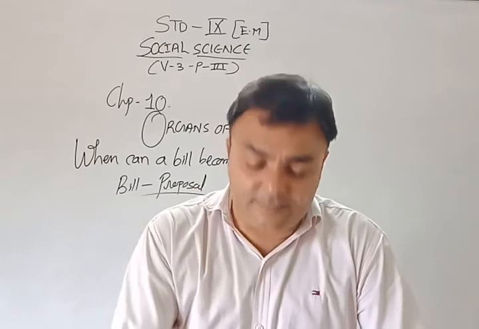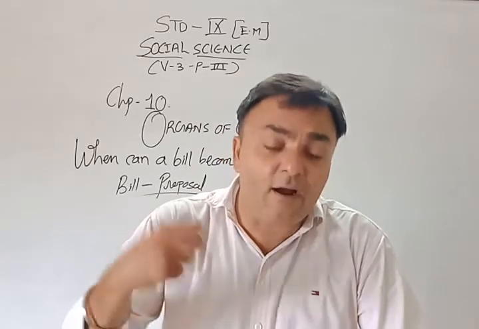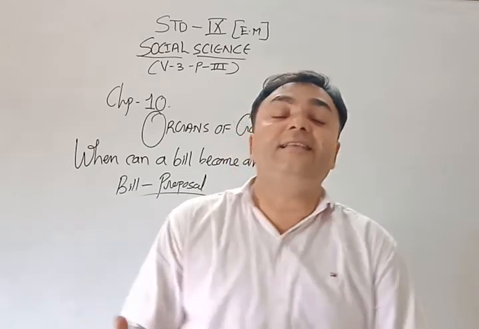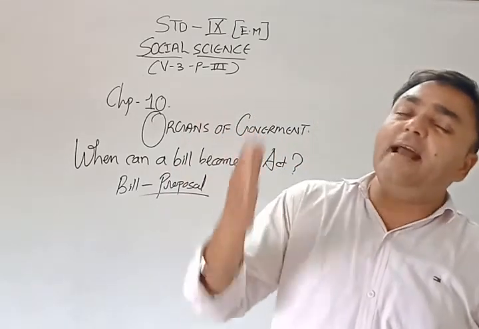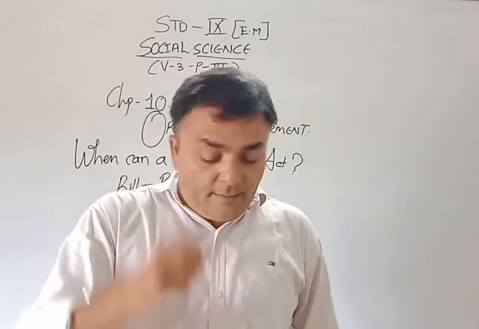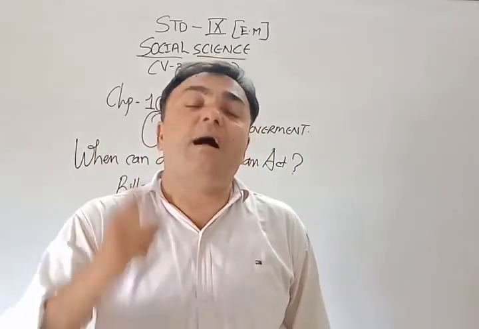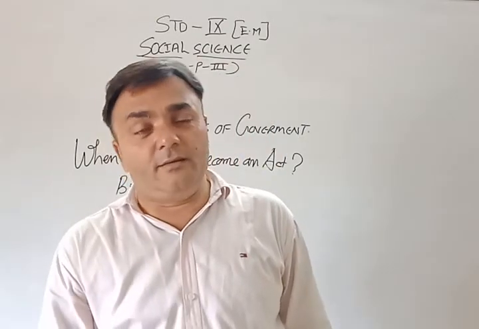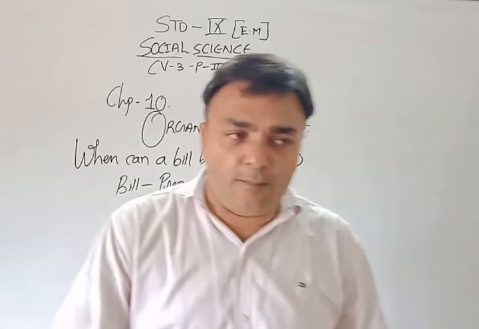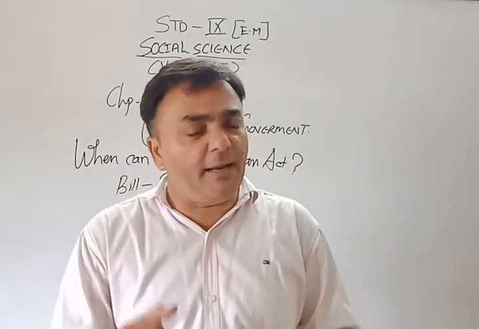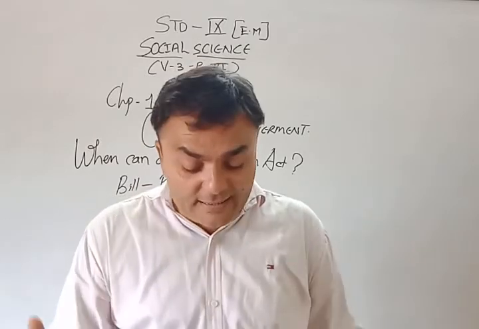Then the bill is presented. The proceeding of both the houses of the Parliament in a joint sitting is chaired, means the chairperson is the Speaker, wherein the bill can be passed by majority. Then there is an election type process, mixing the members of both the houses, headed by the Speaker. Then the bill passes.